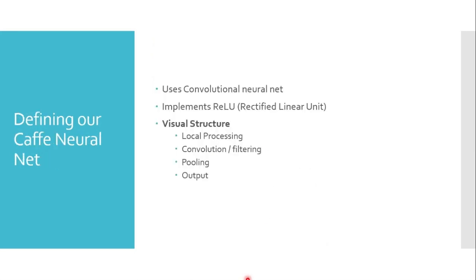How exactly did we implement Caffe in our project? As mentioned earlier by Kiran about different neural networks, we are particularly using a CNN, that is, a convolutional neural network. And for that convolutional neural network, we are implementing ReLU, the rectified linear unit. What exactly ReLU is would again be a huge discussion.